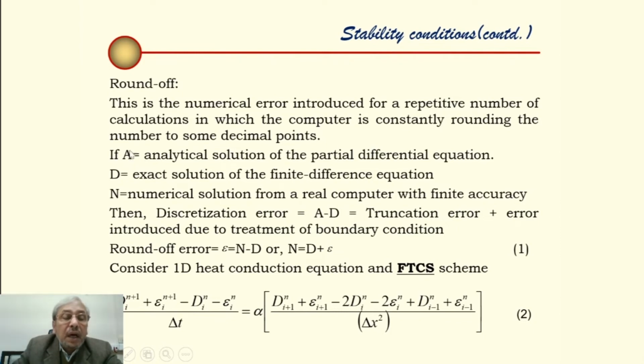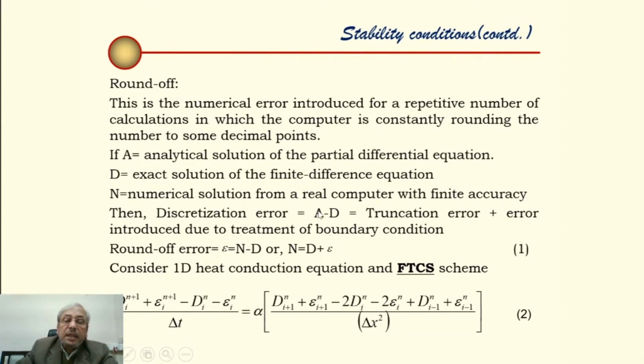That means the exact analytical solution we do not get because of discretization error, which is basically truncation error plus error introduced due to treatment of boundary condition. The same boundary condition can be applied as first order accurate or second order accurate. So these are the errors at the mathematical level, right?